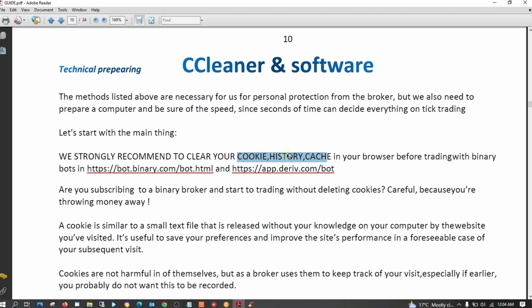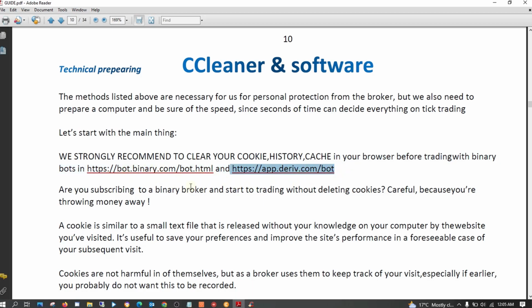Before trading on this, mostly it is binary.com, and derive.com is the same thing, because it has been working on binary.com, but lately they are moving to derive.com.